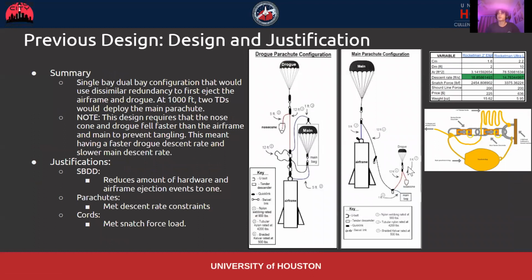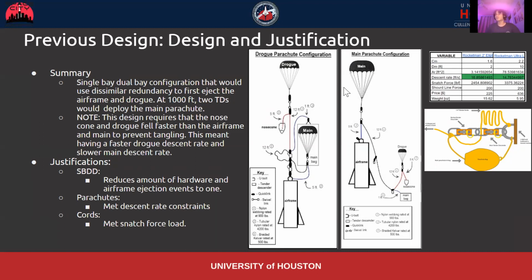But one of the downsides of using these parachutes, I guess, was that whenever we were in the drogue configuration here, so it's just a drogue, we would be falling at 140 feet per second. And that's really fast. That's over 100 miles an hour.